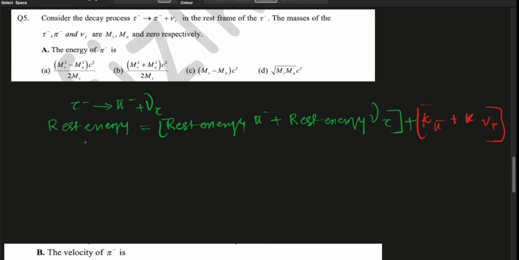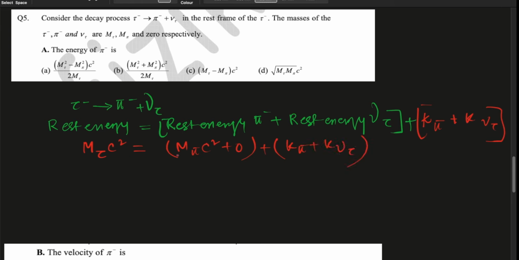So if you write in terms of m tau c square, the rest energy is equal to the rest energy of the pi particle, that is m pi c square, plus the neutrino rest energy, which is 0. The kinetic energy is not given, so it is K pi plus K neutrino.